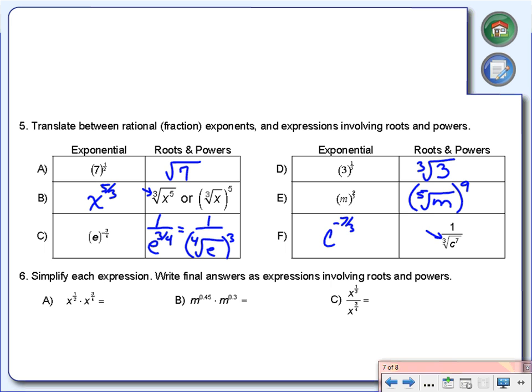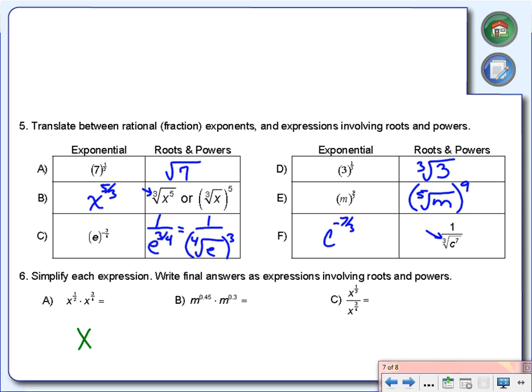All right, let's finish up the last part here. Let's go back to our rules. First one here, we're multiplying, so we're going to add up the exponents. So we got 1/2 plus 3/4. Put that in your calculator. Okay, but I want the fraction.